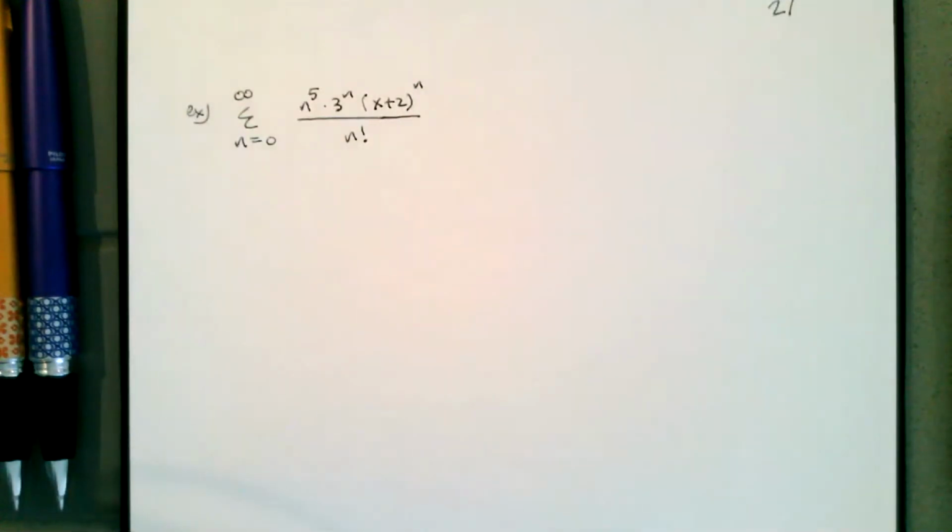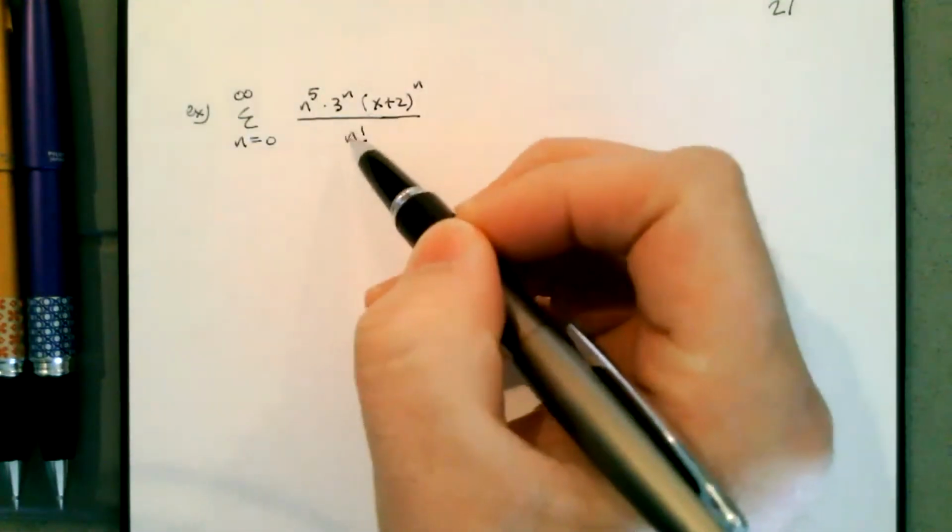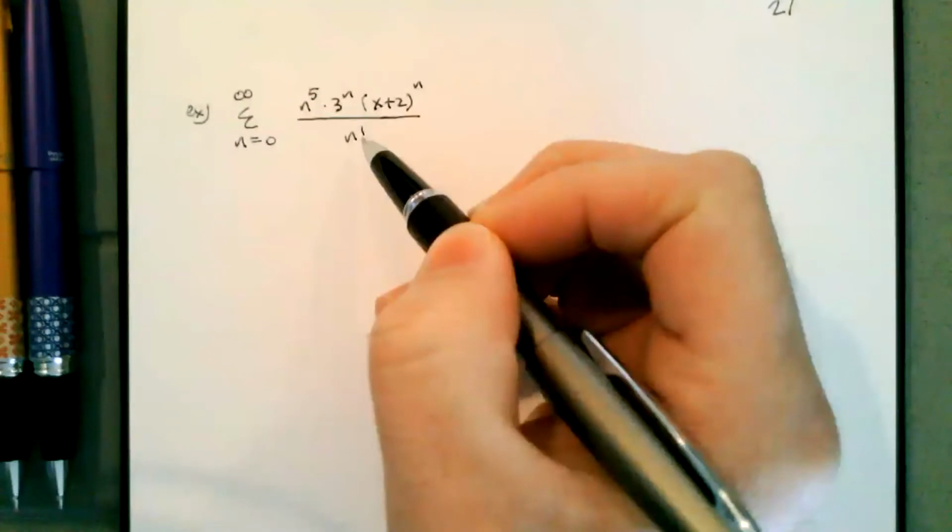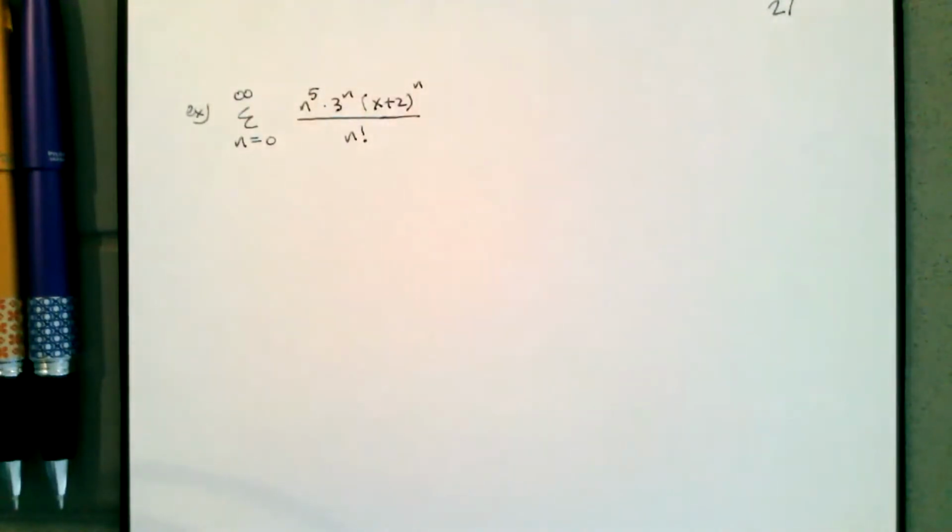The 3 to the n in the numerator is going to make the finite radius of convergence a third, but then the n factorial in the denominator is going to blow up that 3 to the n. So once we see factorials, we stop thinking about a finite radius of convergence. Unchecked factorials make me think we're going to have an infinite radius of convergence.